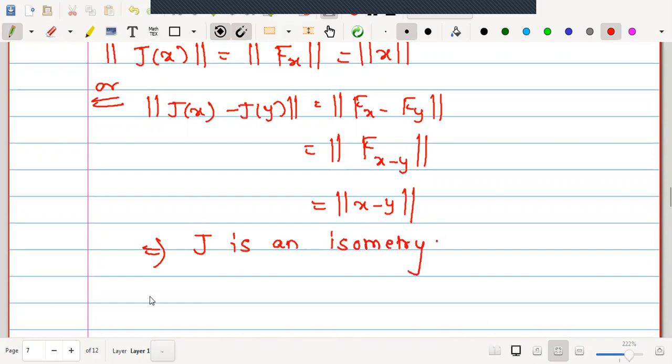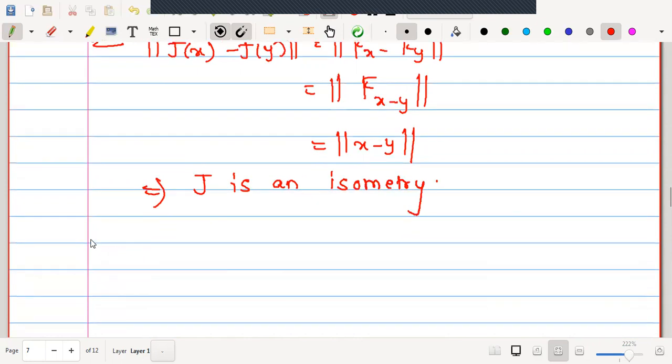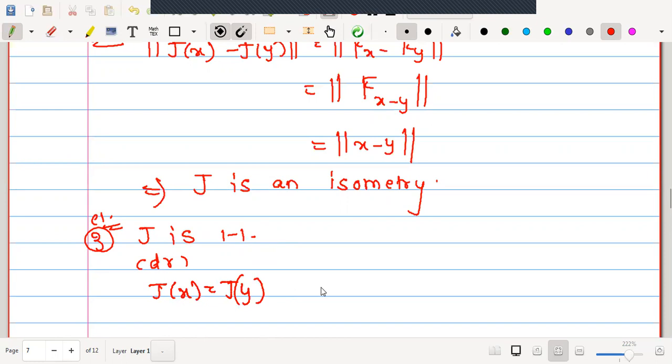What is the third claim to prove? J is 1-1. But there is no need to prove 1-1ness now, because every isometry is 1-1. Still, if I want to prove it, I consider Jx equal to Jy, which gives me norm of Jx minus Jy is equal to 0.